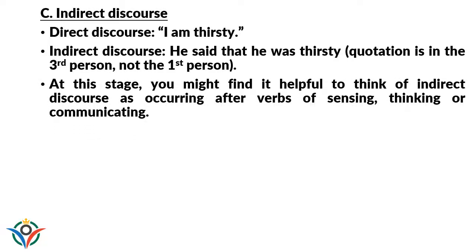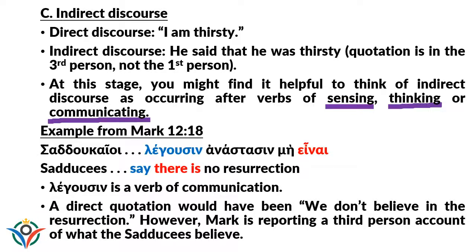So at this stage, you might find it helpful to think of indirect discourse as occurring after verbs of sensing, thinking, or communicating. So here's an example from Mark 12 verse 18.